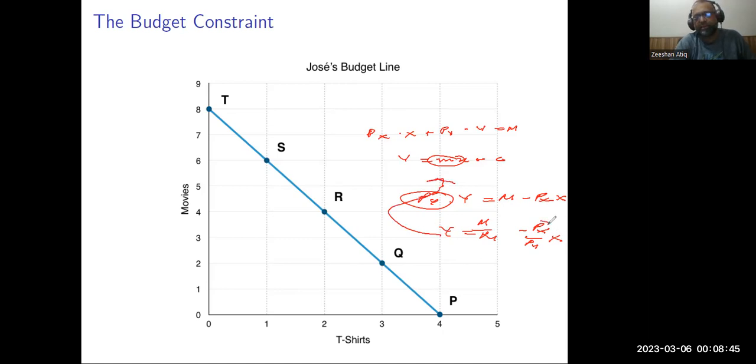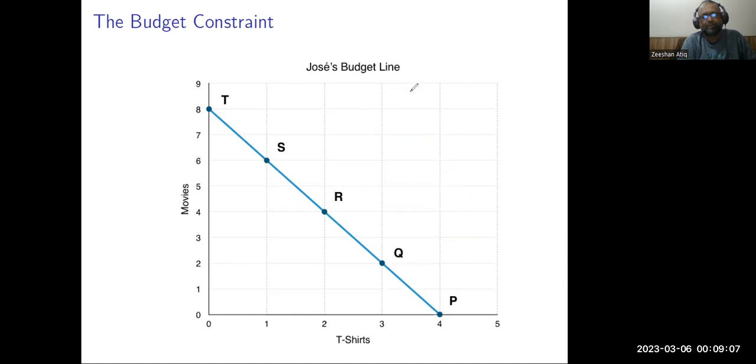The coefficient of x is the slope. So the slope of this budget line is minus PX over PY. The PX here is the price of t-shirts, and the PY is the price of movies. So the ratio between the price of X and the price of Y represents the slope of the budget line.